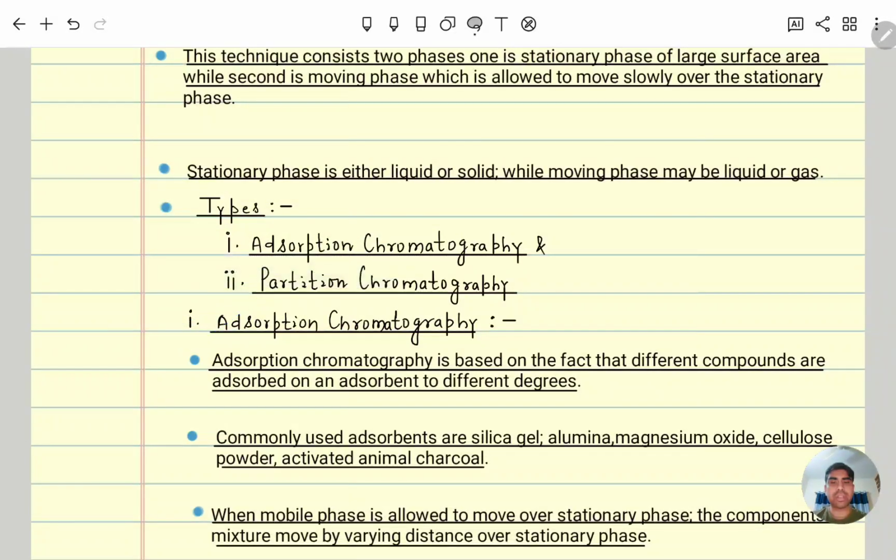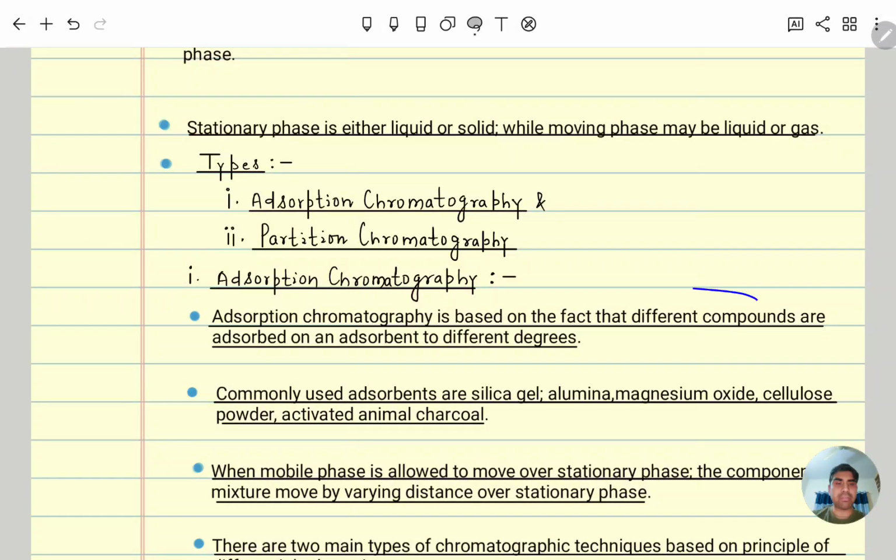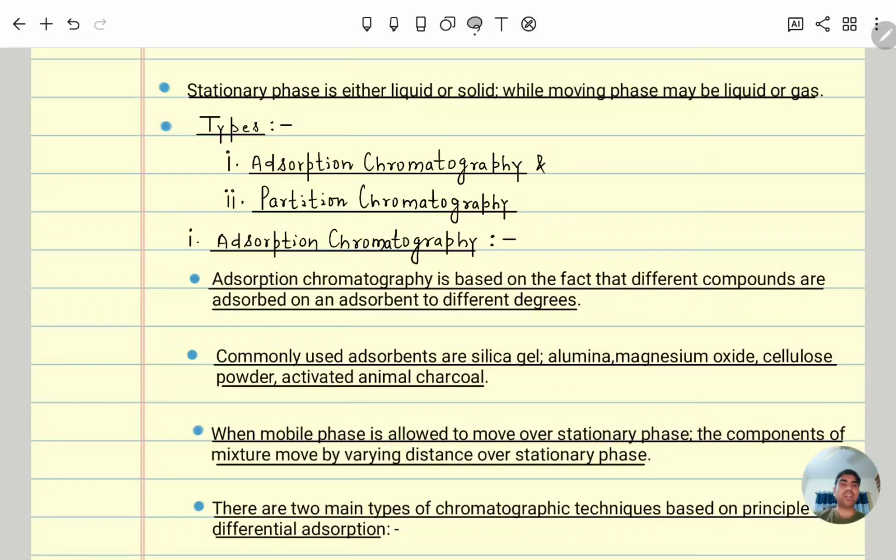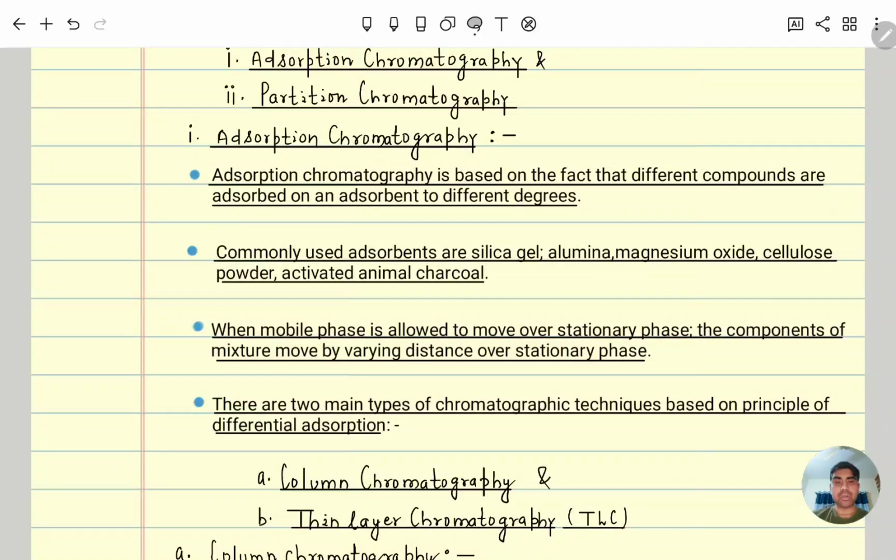Adsorption chromatography is based on the fact that different compounds adsorb on an adsorbent, the solid phase, to different degrees. The adsorbent can be silica gel, alumina, magnesium oxide, cellulose, activated animal charcoal and so on. When the mobile phase is allowed to move over the stationary phase, components of the mixture move varying distances over the stationary phase, because they have different degrees of adsorption.